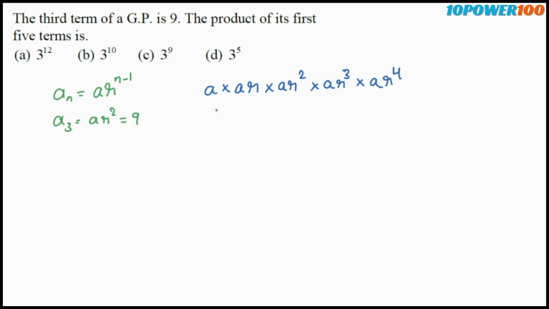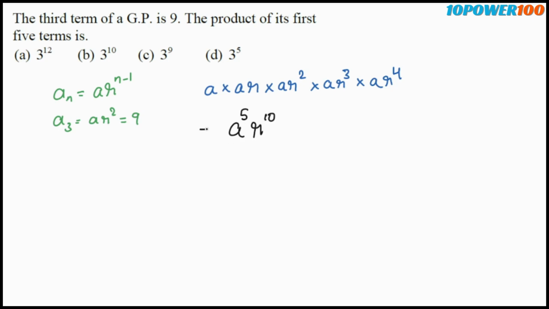So we have taken 5 terms: first, second, third, fourth, and fifth. Okay, so now if we calculate, there are 5 times a, so it is a power 5 into r. How many r are there? So r into r square is r power 3. r power 3 into r power 3 is r power 6. r power 6 into r power 4 is r power 10.